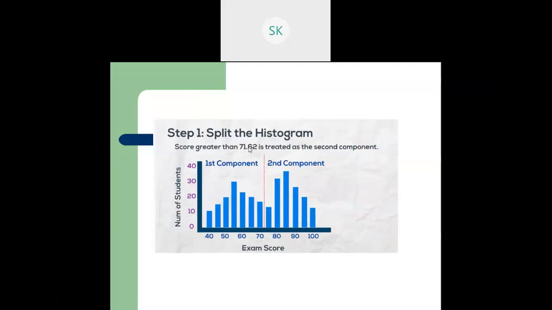These three parameters are the threshold 71.62, the mean and variance for component 1, and the mean and variance for the second component. So we conduct the iteration to compute the new values for each of them.